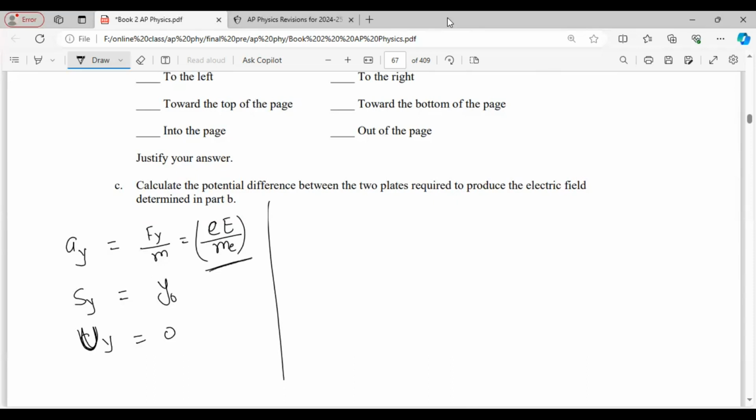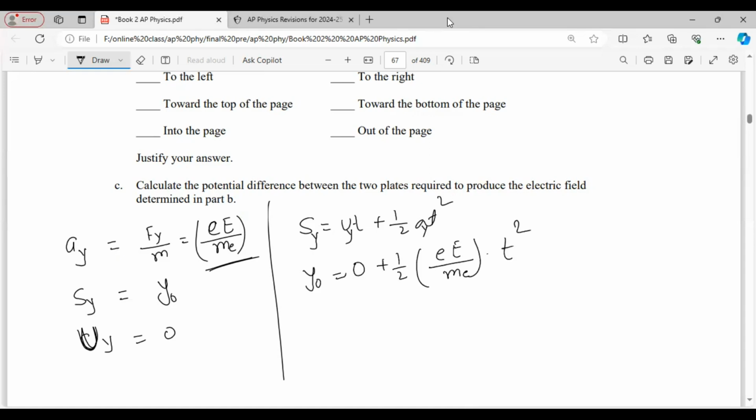Since this is an accelerated motion, we have to use s equals ut plus half at square, right? Since we are interested in the y axis only, we will replace these with y substitution. So s_y, that is y naught, equals u_y 0 plus half a_y, that is this E upon m of e, into t square.